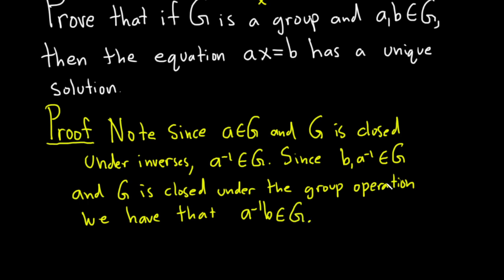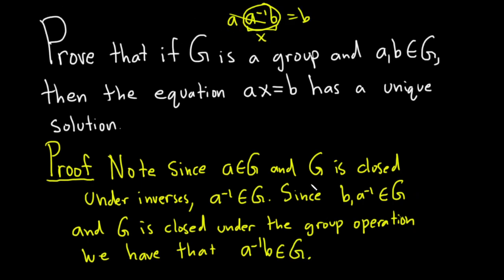This is something that might seem obvious to some people, but I think it's important to understand everything. That's one of the things about mathematics that is important. You're supposed to understand every single step. So the element A is in G, and G is closed under inverses. That means that every element in G has an inverse. That's one of the criteria for G to be a group.